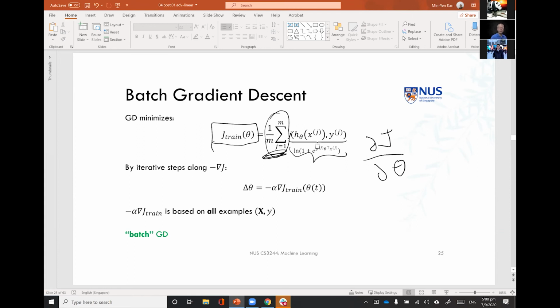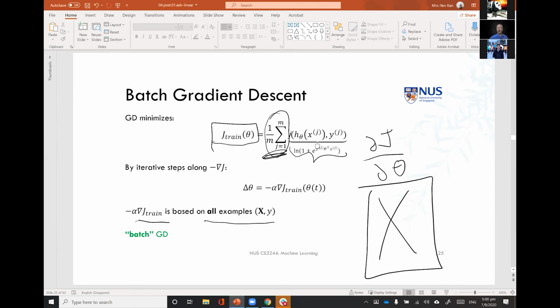Like it says, this J train is based on all examples in my entire data matrix. That means I have to iterate through all of these guys to compute that one gradient, my delta, that I'm going to use. Sorry, this is the wrong symbol.